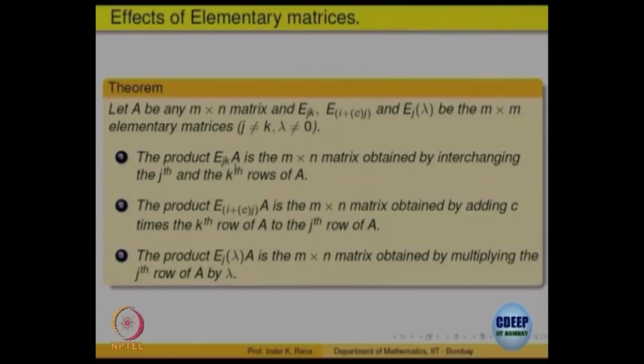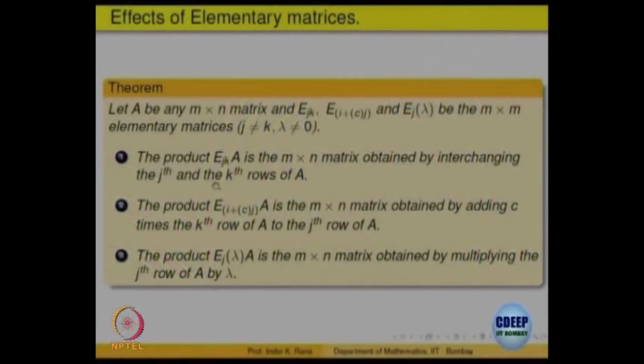So, what will be the resulting matrix? Eij is m cross m, A is m cross n. So, the product will be an m cross n matrix, and that will be the same as if you have interchanged the jth and the kth row of A, right. So, is it clear? Doing a row operation on a matrix is pre multiplying by the appropriate order elementary matrix, with that operation done on the identity matrix.